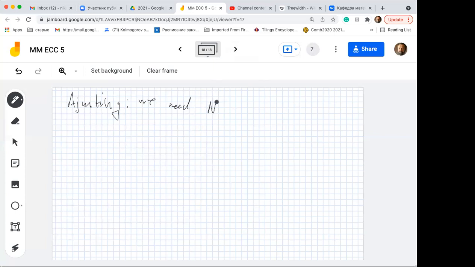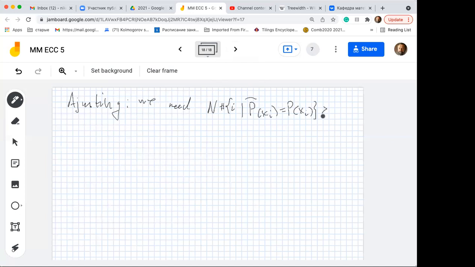So capital N times the number of i such that P of xi is equal to tilde P of xi be at least a.